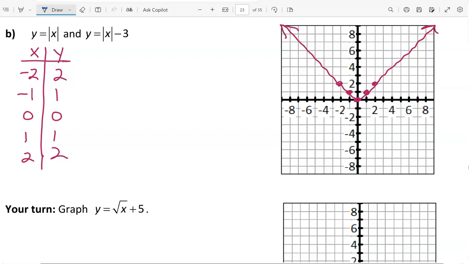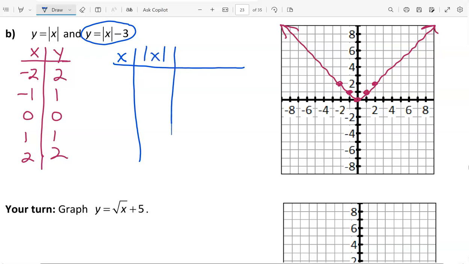If I want to create an extended table of values for the other equation, then I can use the x values as input. In order of operations, we must take the absolute value first and then subtract 3 from that result to get the y value.